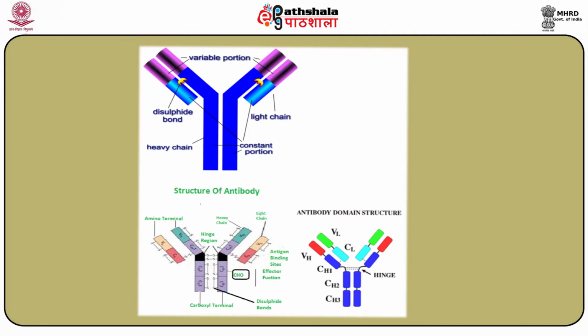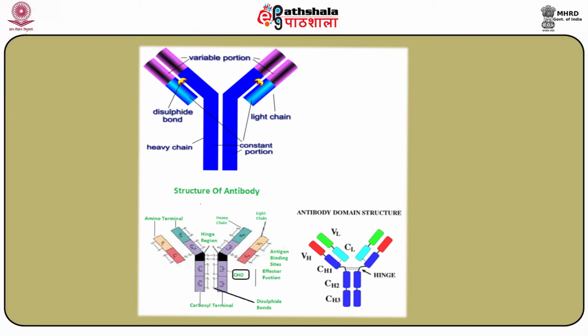What are the different components of antibody? As discussed earlier, antibody consists of four polypeptide chains, two light and two heavy chains. Each chain has an N-terminal variable and a constant domain.